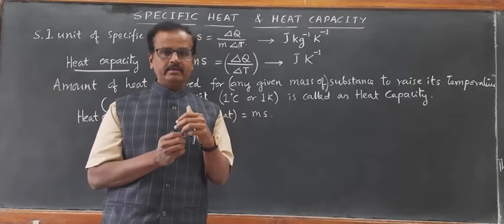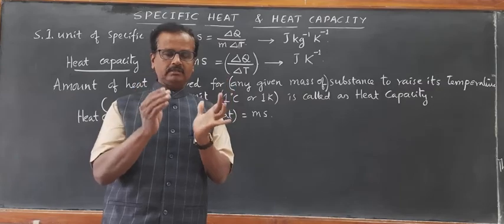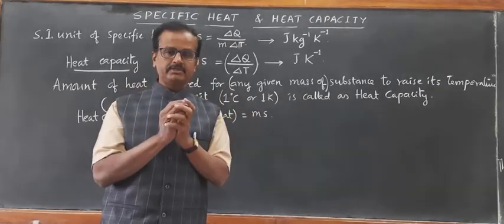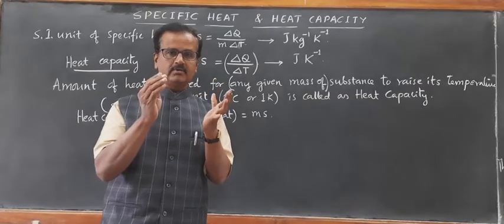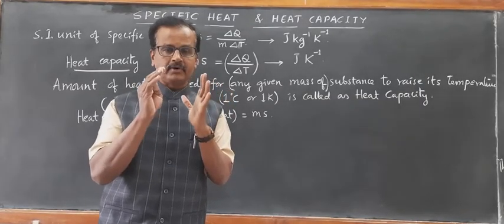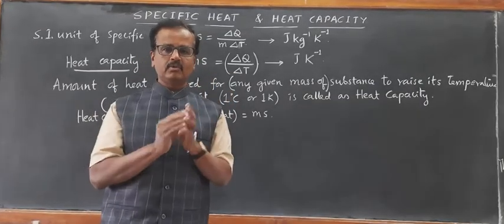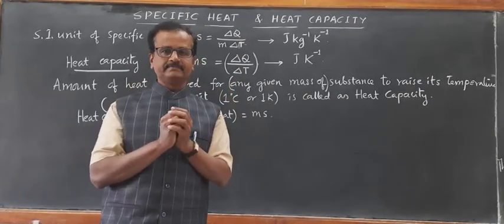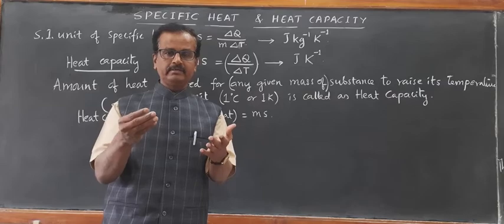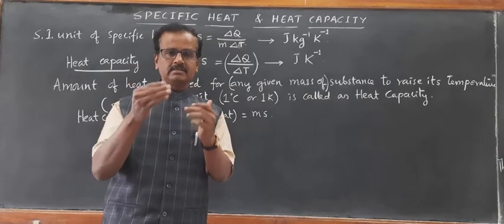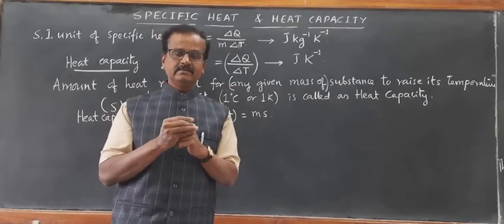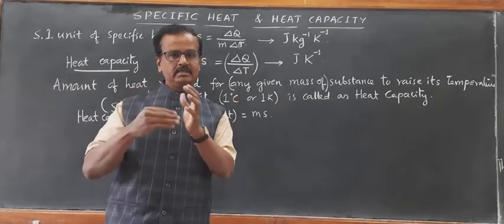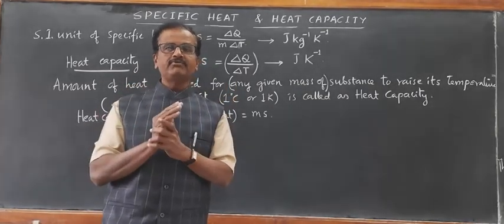In the same way, suppose water is now at a high temperature, let us suppose 40 degrees Celsius. Now it is kept for cooling. When it is kept for cooling, the temperature starts decreasing. The temperature of a hot substance decreasing means what? It is giving off heat.